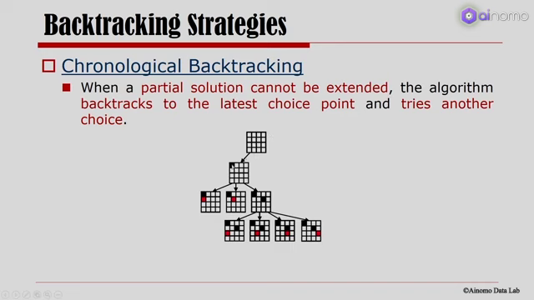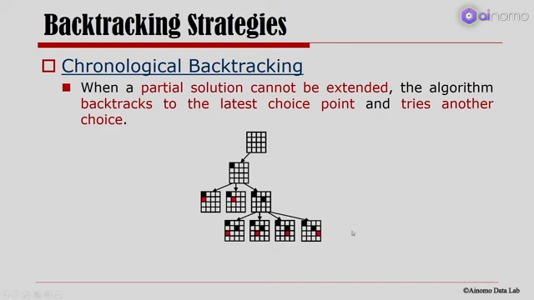So we place our first queen, and then the only possibility is to place it either in the third or in the fourth column in the second row. So we place it here, and then we realize that we are not left with any legal choice for our third queen.